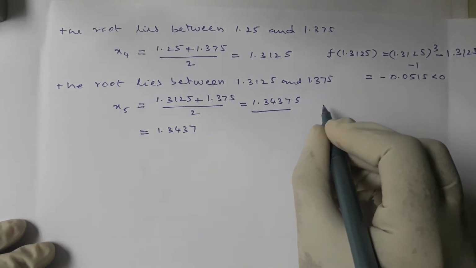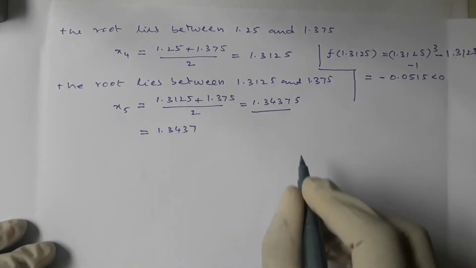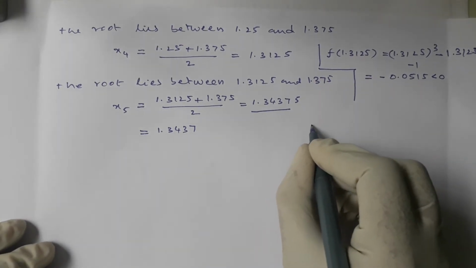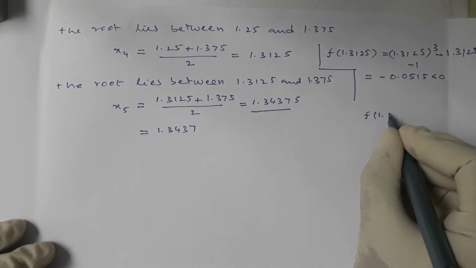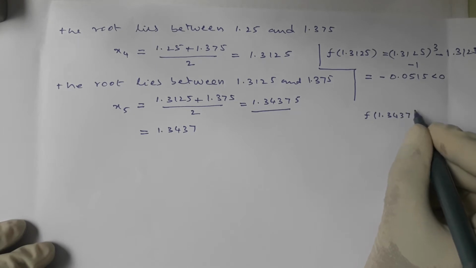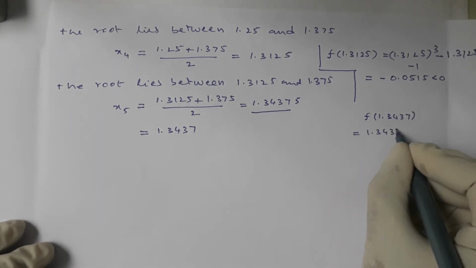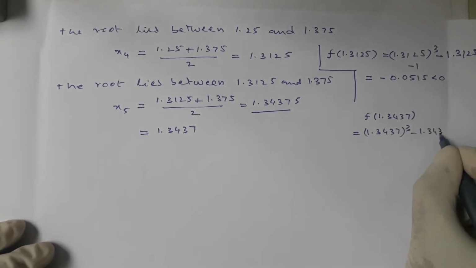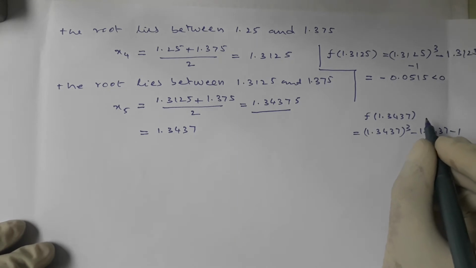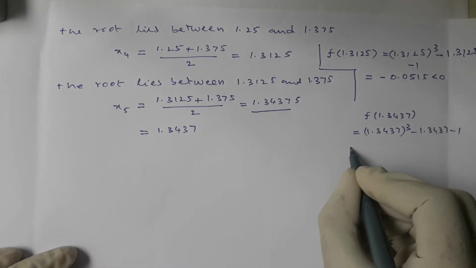So f of 1.3437 is equal to 1.3437 whole cube minus 1.3437 minus 1, which is equal to 0.0823.